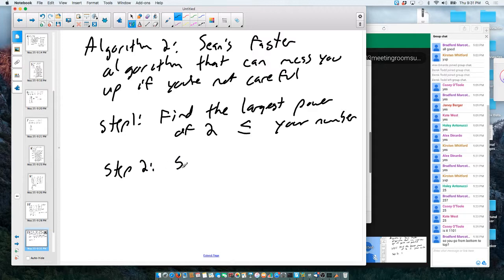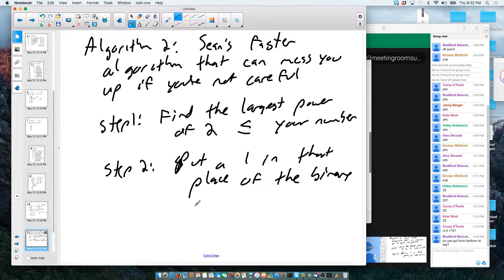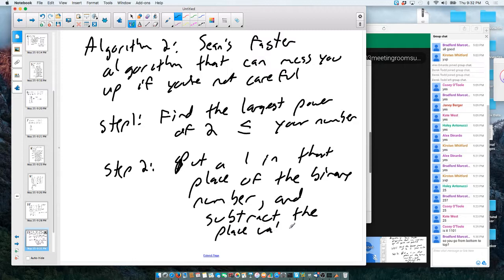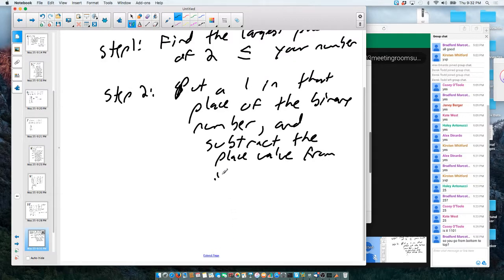Step 2, put a 1 in that place of the binary number and subtract the place value from your decimal number.